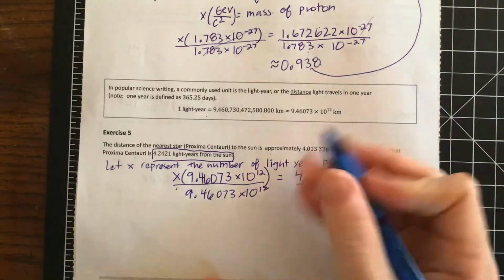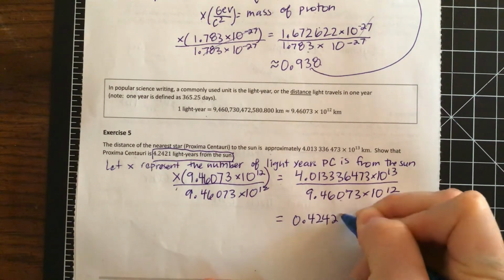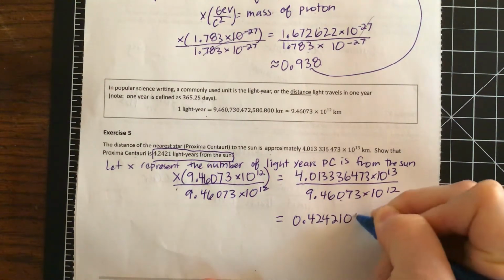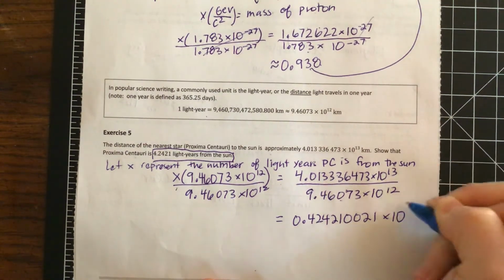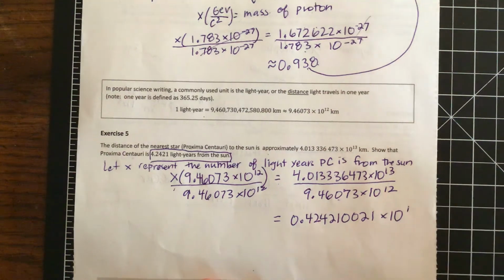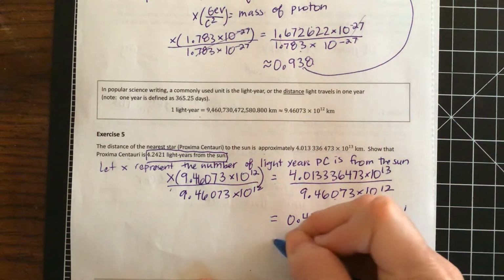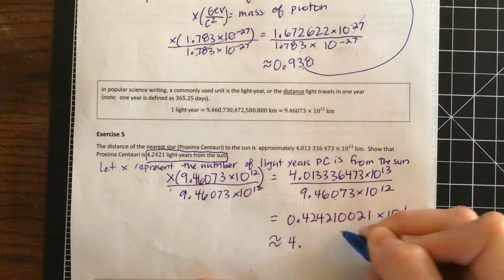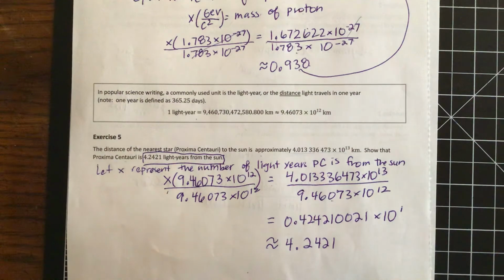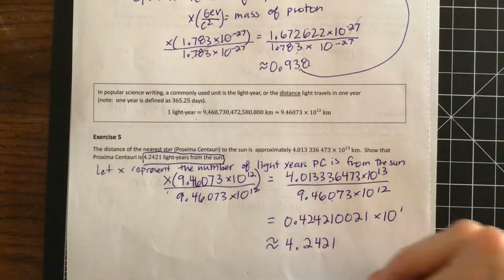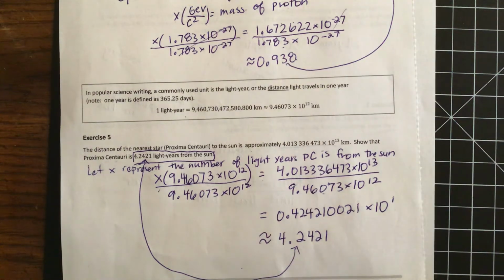And if we divide this here, we are going to get 0.42421 times 10 to the 13th power. 13 minus 12 is 1, which if you just multiply that out, it is approximately 4.2421. We could stop there because that is this. And so you proved it.